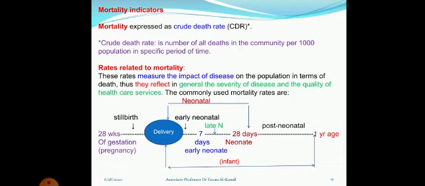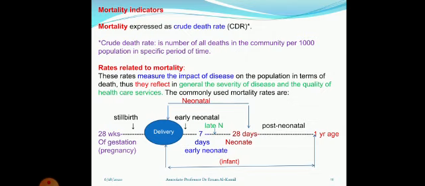This period of infancy is divided into two periods: the neonatal period and the post-neonatal period, because of the differences in the causes of death in these two periods. The neonatal period is from delivery up to the age of 28 days of life, while post-neonatal death is the death of the baby after 28 days up to the age of 1 year.